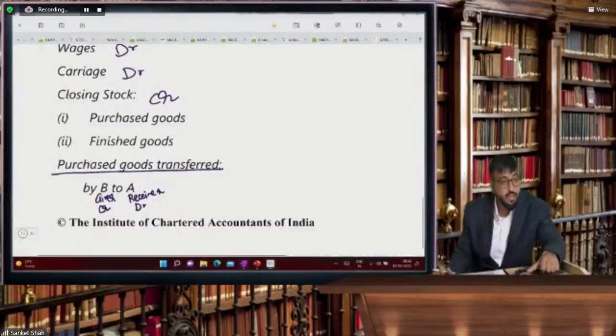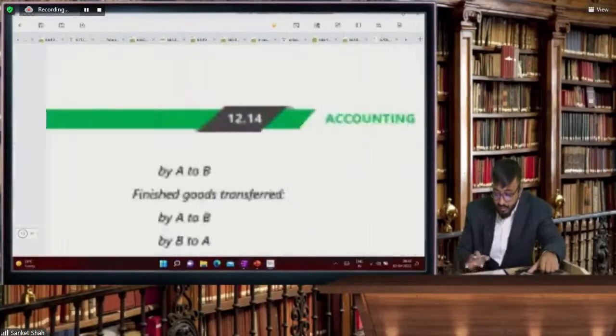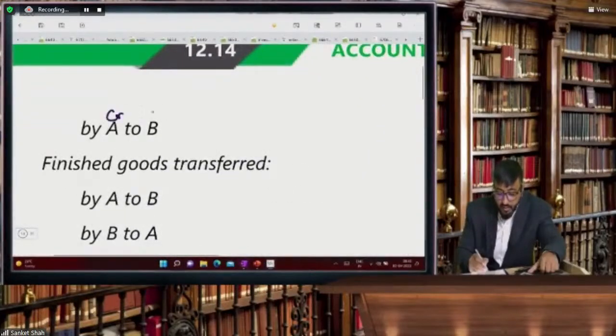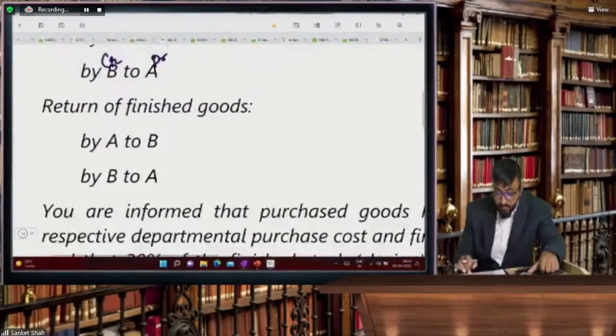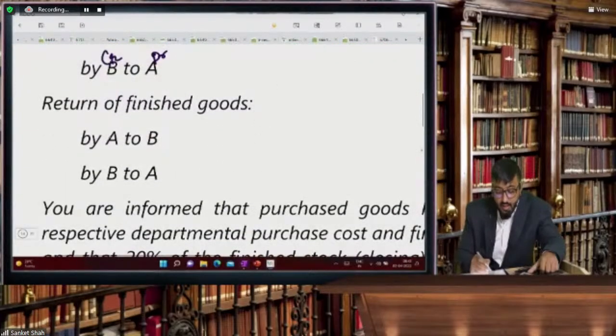In B's account it is credit and in A's account it is debit. You got this concept? Similarly, A to B, A credit, B debit. Return of finished goods by A, so A is a giver, so credit, debit.